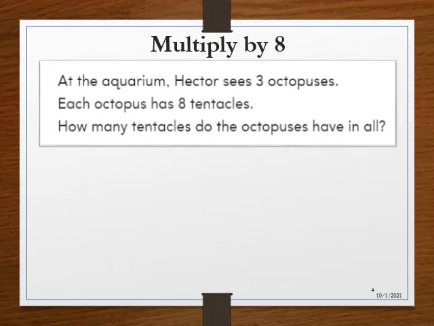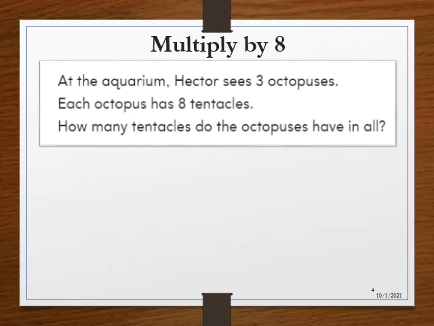We said before that if I have the same number repeated several times, I will not keep on adding the same number several times, and I will use multiplication instead. So here I have 3 octopuses. Each one has 8 tentacles.